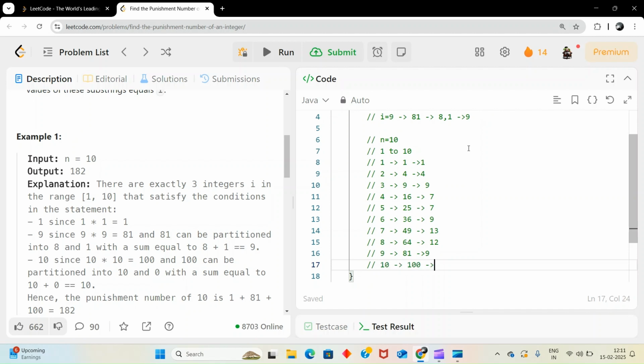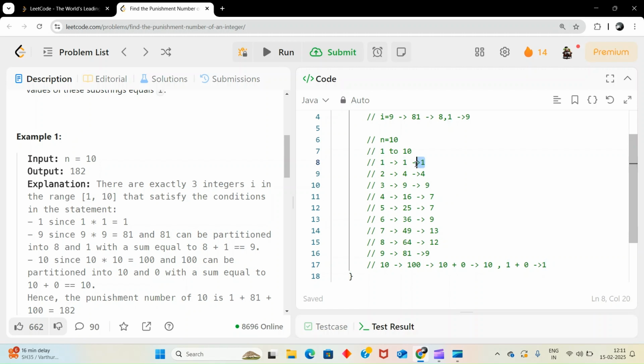Here I can make two partitions, either here or here. If I make the cut here, I get 10 plus 0, which is 10. And if I make it here, I get 1 plus 00, which is 1. So we will consider this, because the sum of this partition is equal to the number.